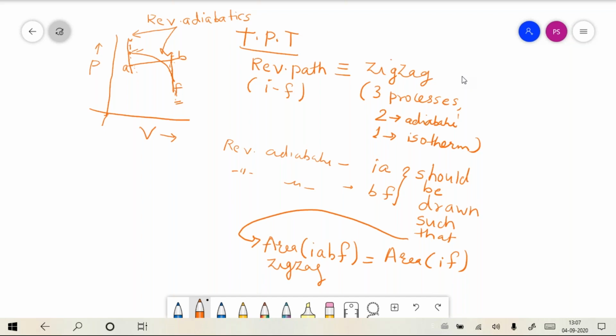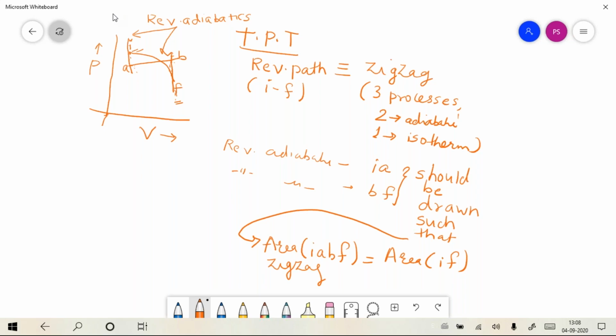Now for that, I need to select the reversible adiabatics in a manner such that the area under IABF is the same as the area under I to F.